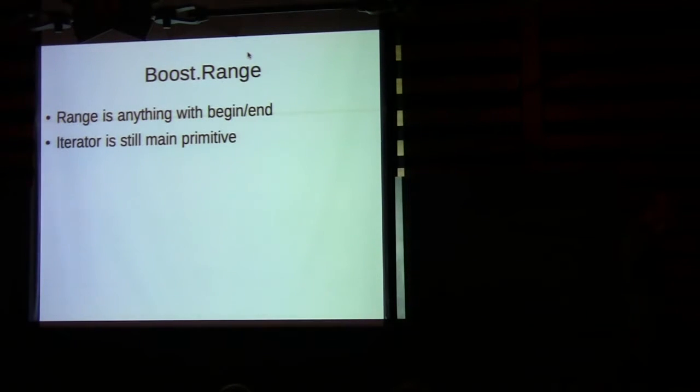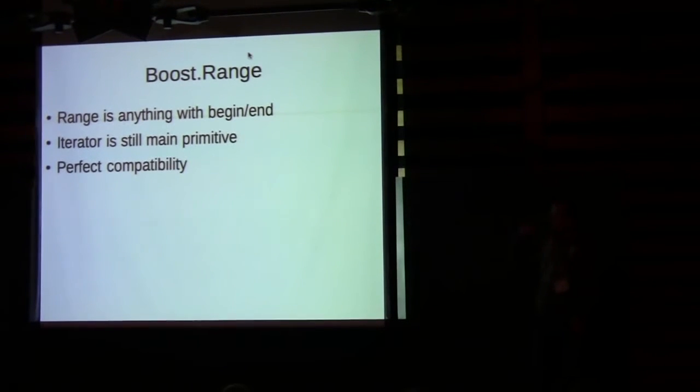Anything that you can call boost::begin and boost::end on is a range. And it's got to return an iterator. It's got to return a normal standard iterator. Which means it's absolutely perfect compatibility with the standard. You take two iterators, you wrap them in an iterator range, you've got a Boost range. If you have got a Boost range, you call begin and end on it, you got two iterators, you can use them in old code.